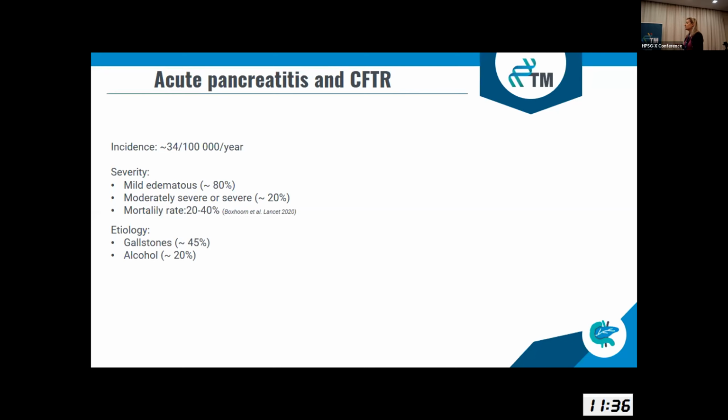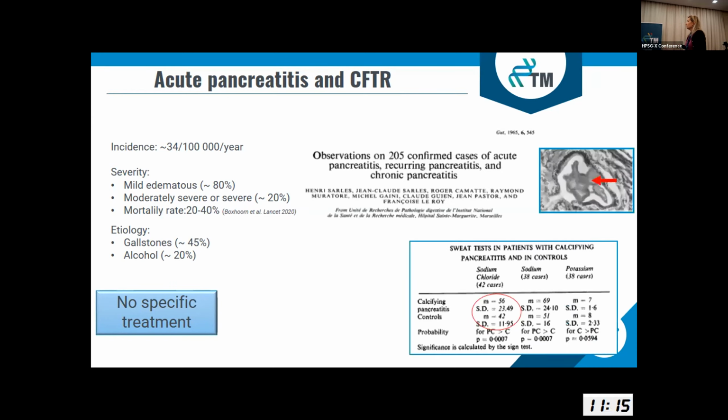Although the therapy of pancreatitis improved a lot in the last few years, there is still no specific therapy. One of the major reasons for this is that the exact pathogenesis of the disease is not completely known.